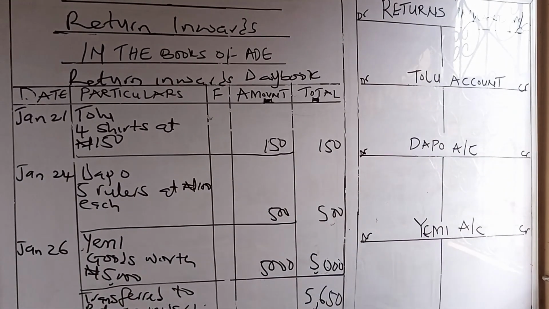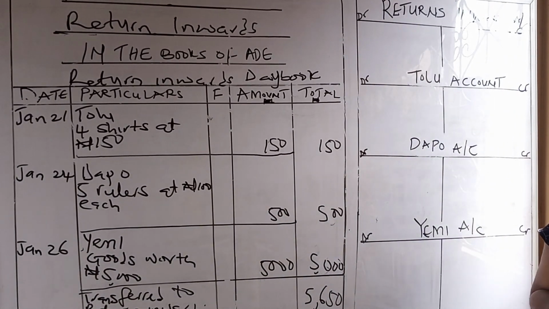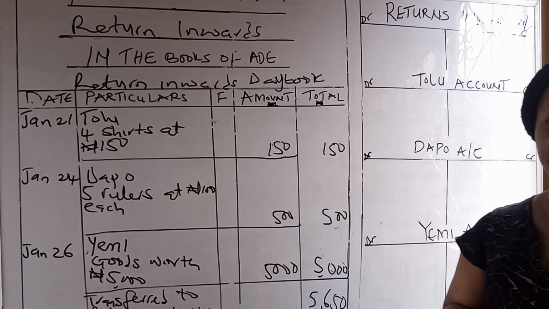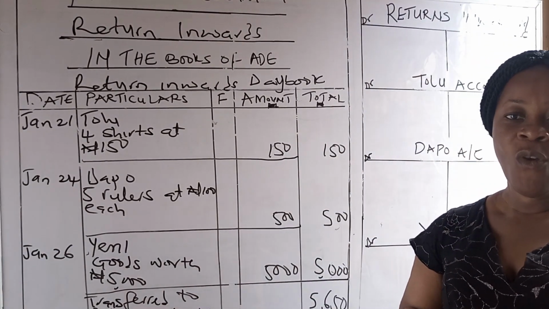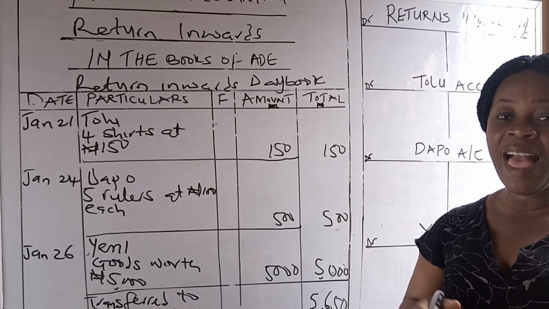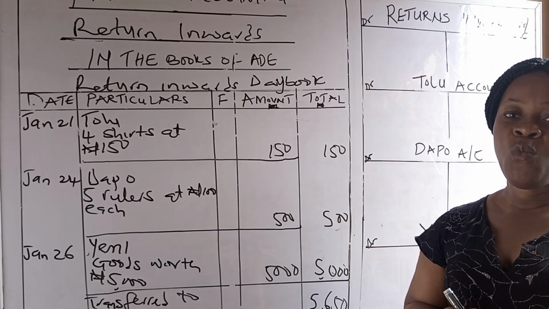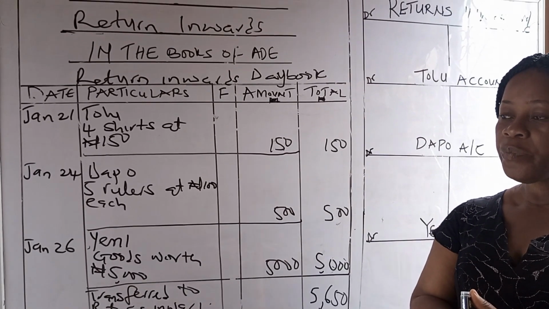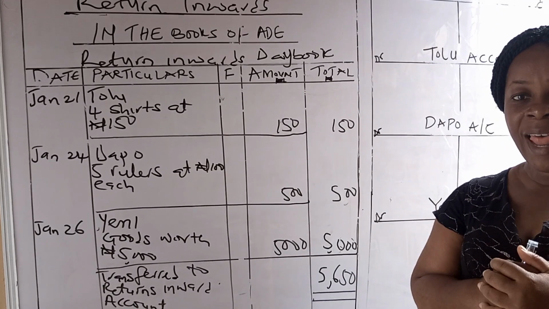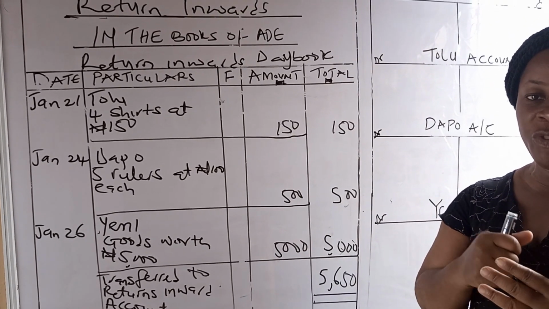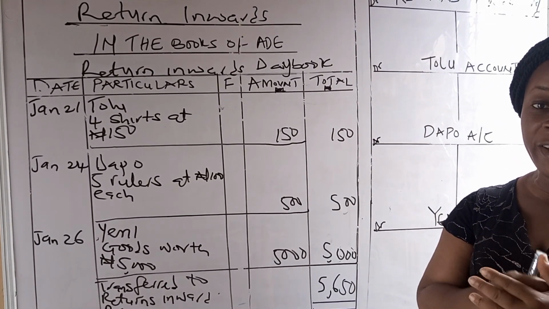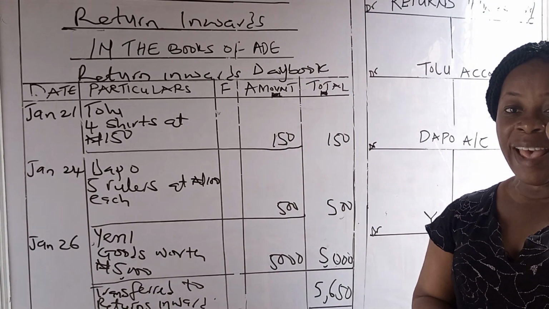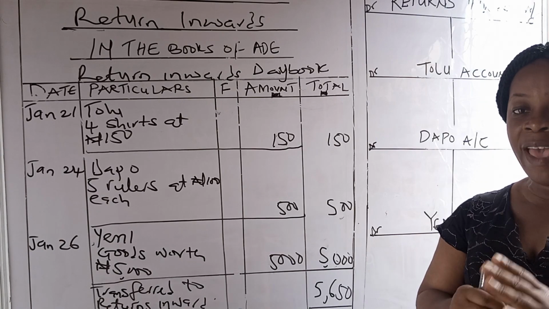Now, in line with the tricks of debiting and crediting, which revolve around the dealer. The last time we talked about the trick of debiting and crediting, we said whenever an asset is increasing, we debit.